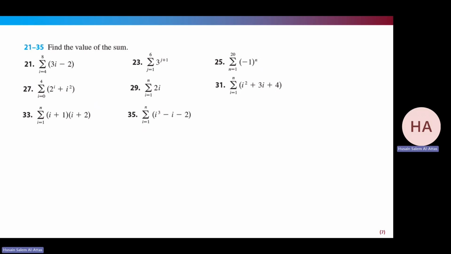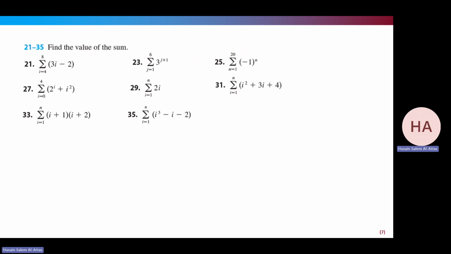Yeah, some of them are easy ones, some of them you need these formulas. Okay, so 21. Summation of this, i equals 4.